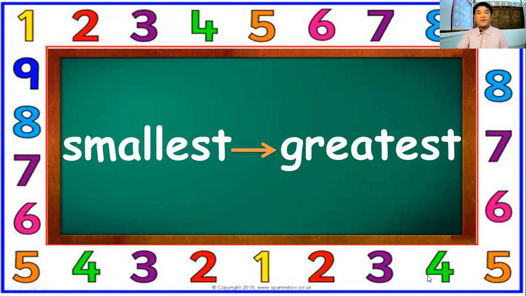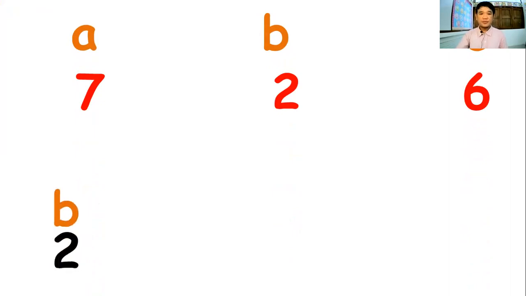Order the numbers from smallest to greatest. Say for example, we have here A, B, and C. Letter A is 7, letter B is 2, letter C is 6.